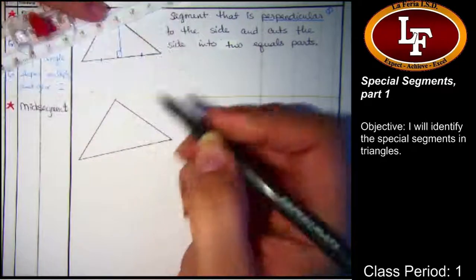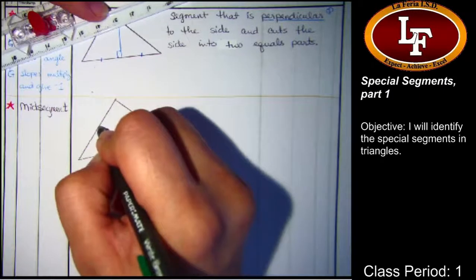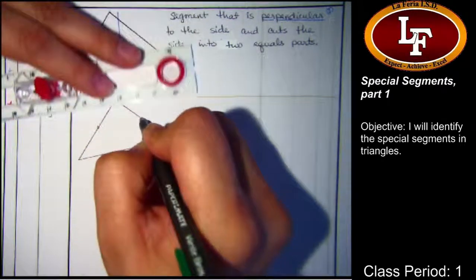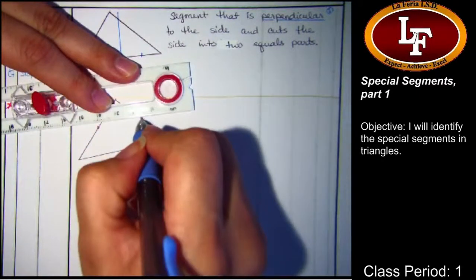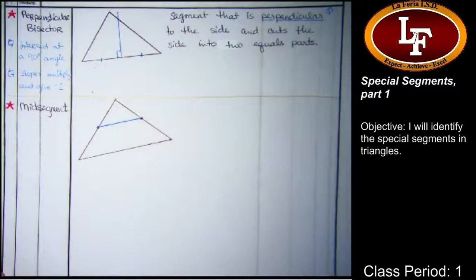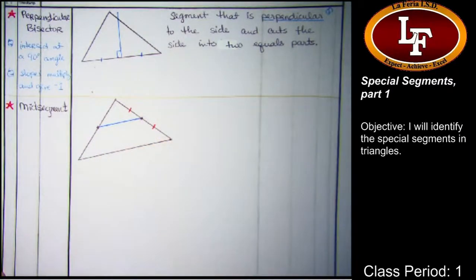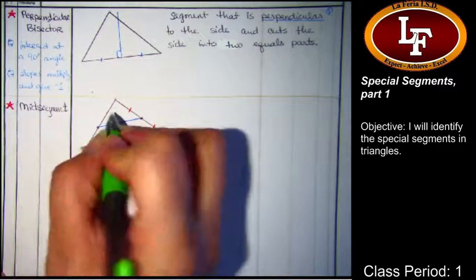So a mid-segment is going to connect the midpoints of two sides together. This blue line is the mid-segment because it connects the midpoint of this side and the midpoint of this side.